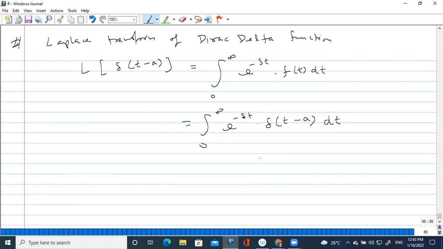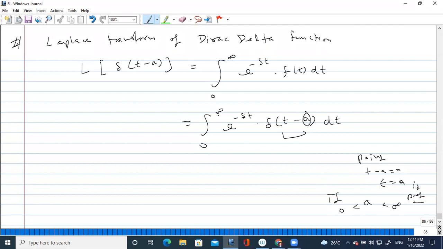Okay. Now this is the property of Dirac delta. To get the point, put this everything 0, t minus a equal to 0. So t equal to a is the point. If this point a belongs inside the limits, and the limits are 0 to infinity, a is any constant, this is positive, so definitely it will be in between 0 to infinity.